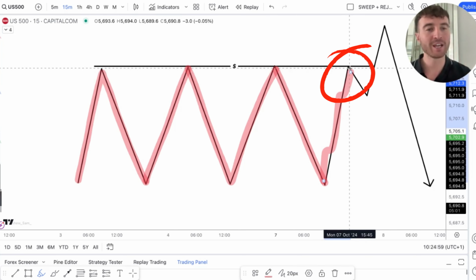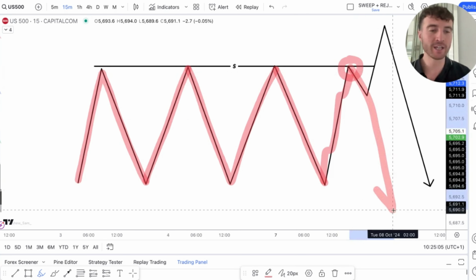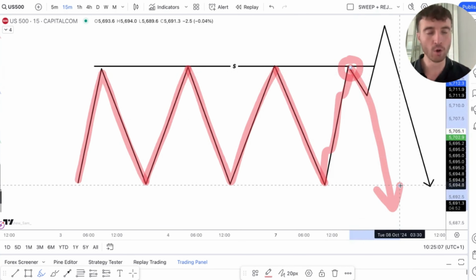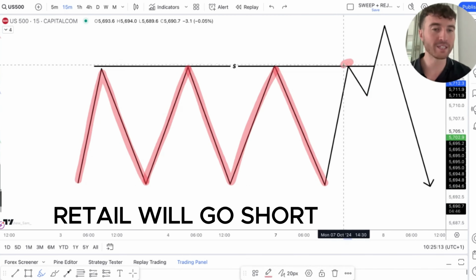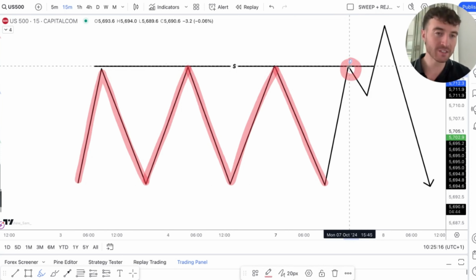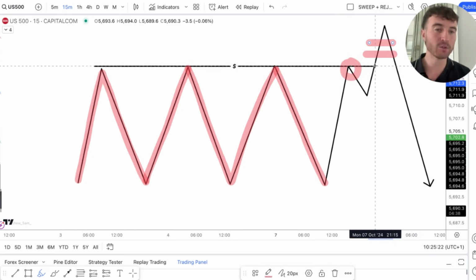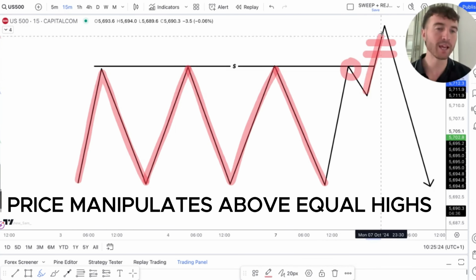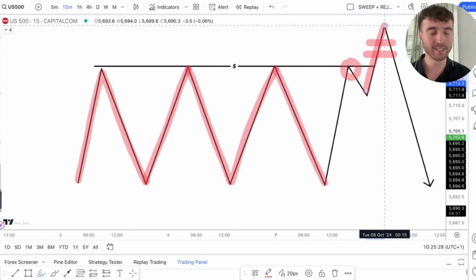They want to short from this area right here, thinking that price is going to roll over. Retail will go short right here at resistance, and they will also go long, getting trapped on this breakout as price manipulates above these equal highs right here.